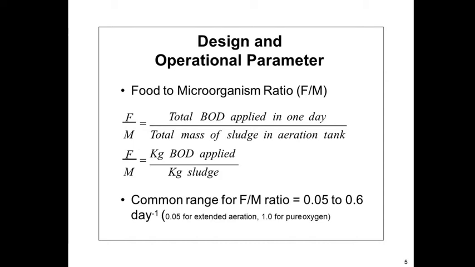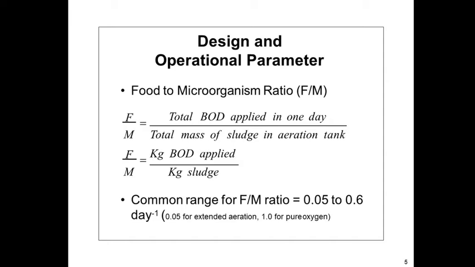So F, that is food, is the total BOD applied per day, and M is the total mass of sludge in the aeration tank, that is microbial mass. That ratio is called the F/M ratio.